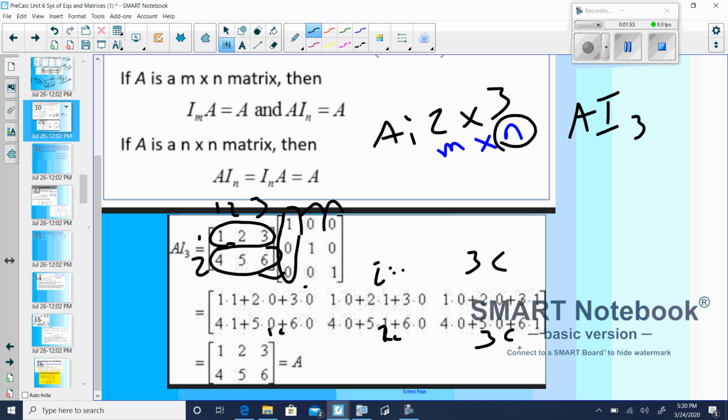And what we end up with is 1 plus 0 is 1, 2 plus 0 is 2, 3 plus 0 is 3.